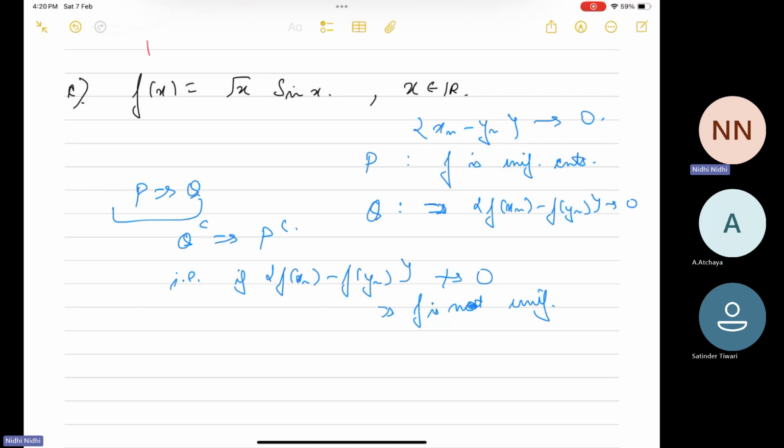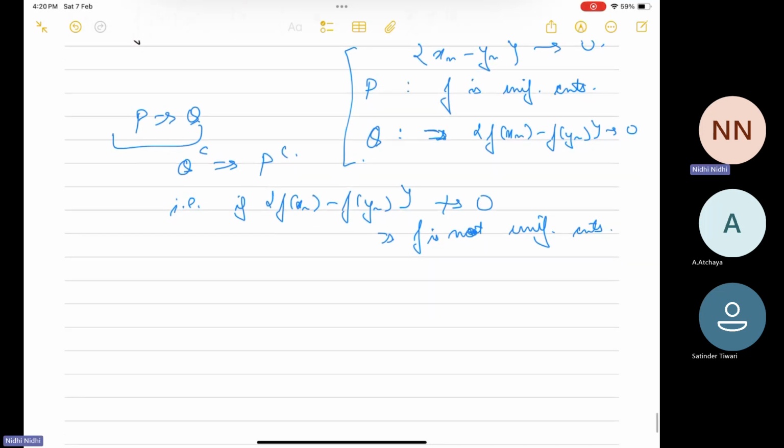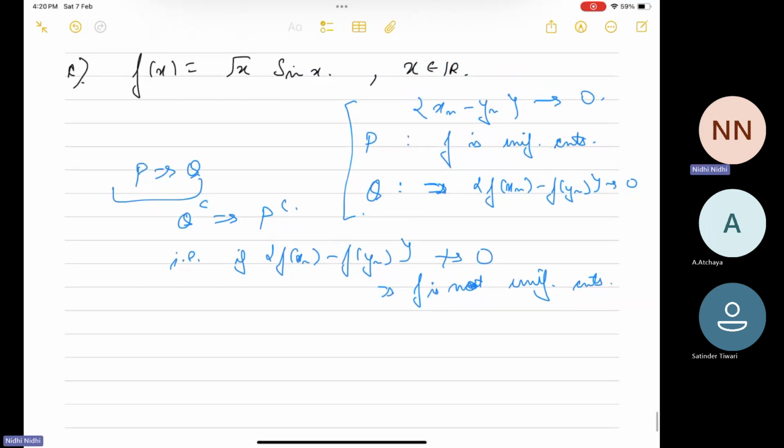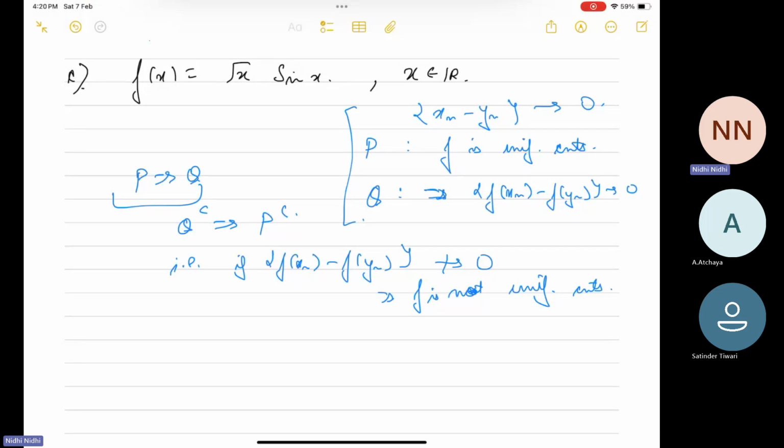This result is basically used whenever we want to show that a function is not uniformly continuous. So here we will show that there exist two sequences xn and yn such that xn minus yn is converging to zero, but this q does not hold. That means if f(xn) minus f(yn) is not converging to zero, in that case f can never be uniformly continuous.